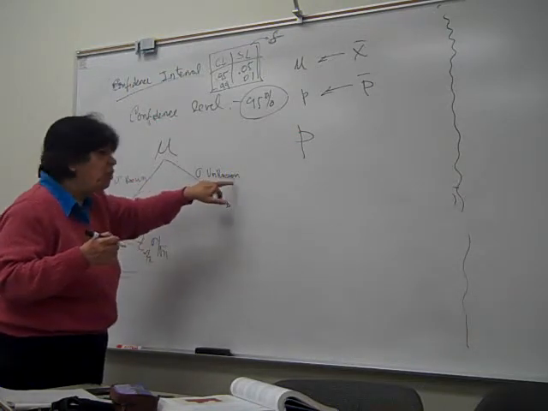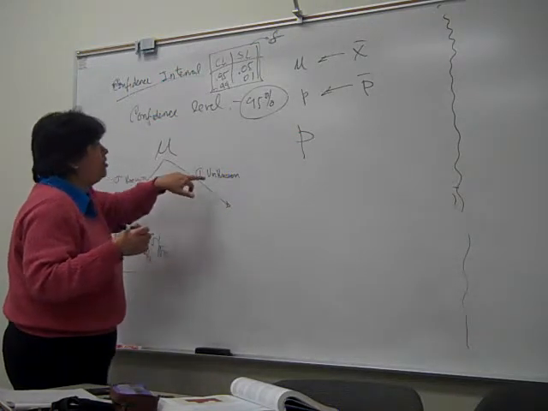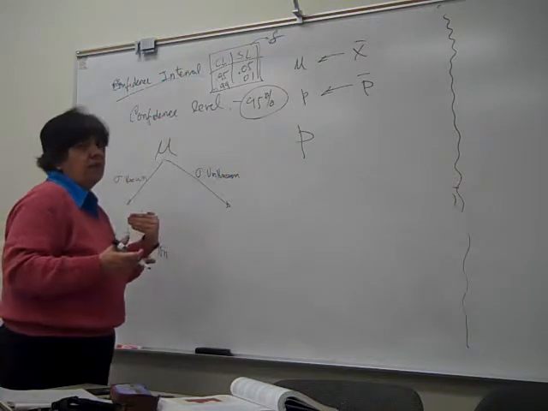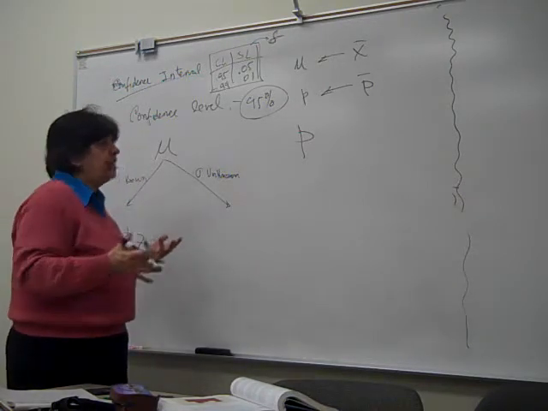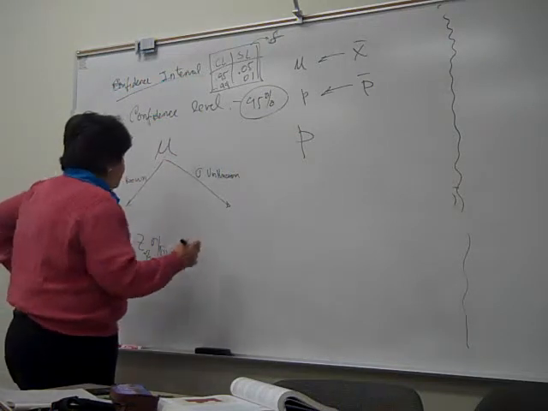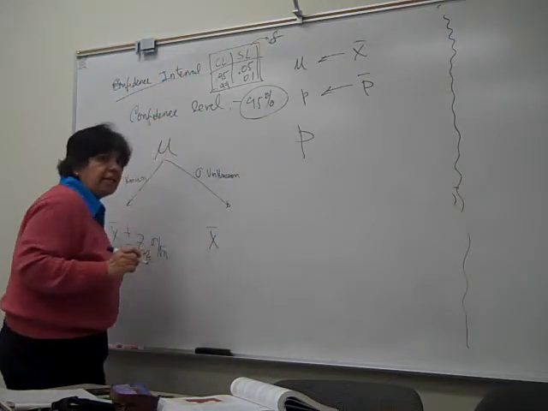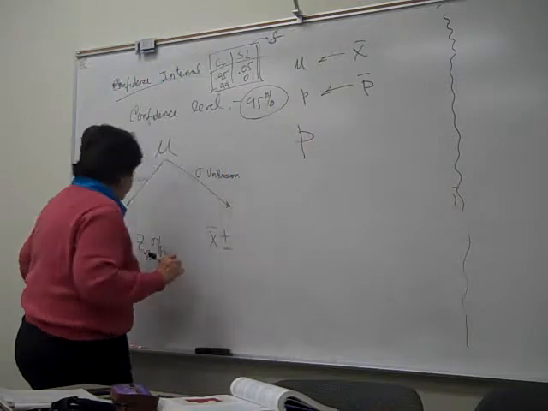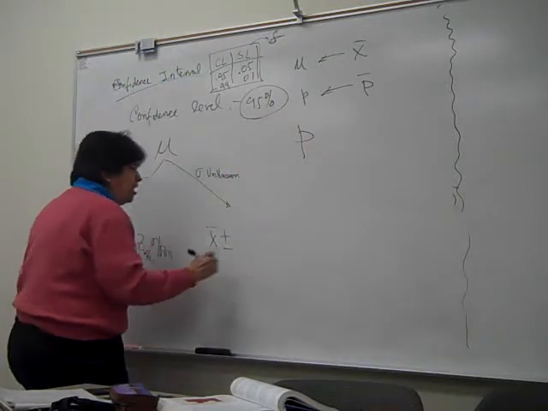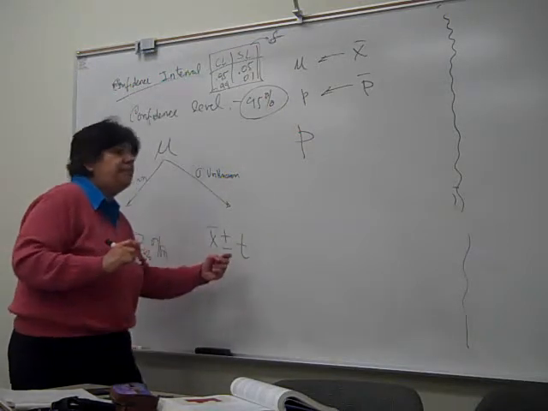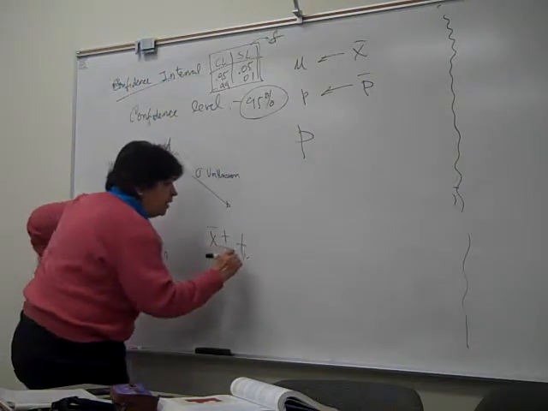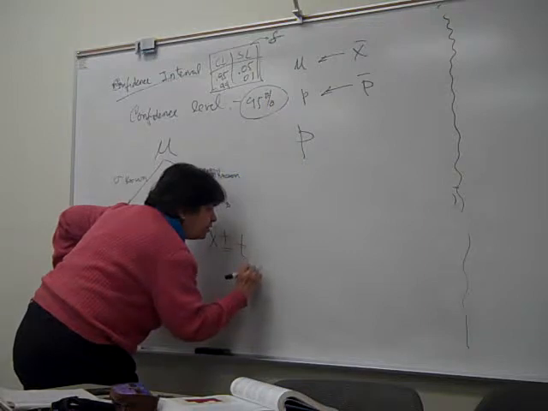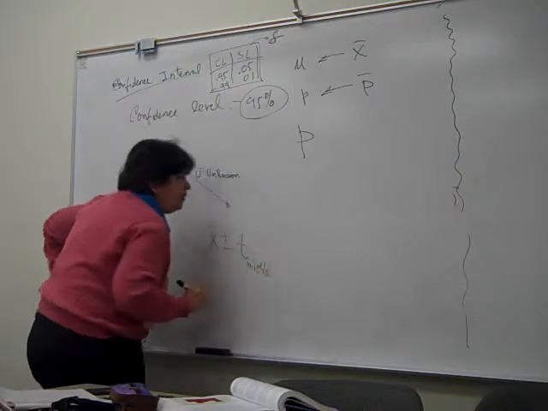When we do not know the standard deviation of the population, then we are going to use another probability distribution, that is the t distribution, but we are going to use the same x bar plus or minus. Instead of z, we're going to use the t distribution, with n minus 1 degrees of freedom and alpha divided by 2.